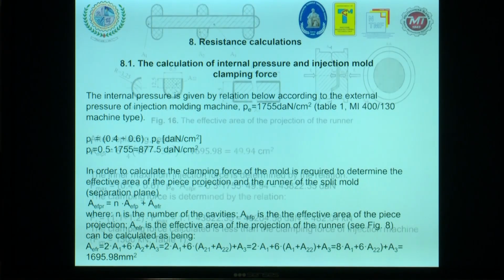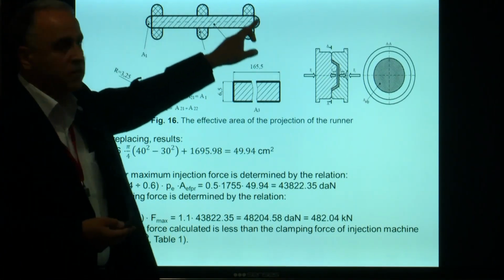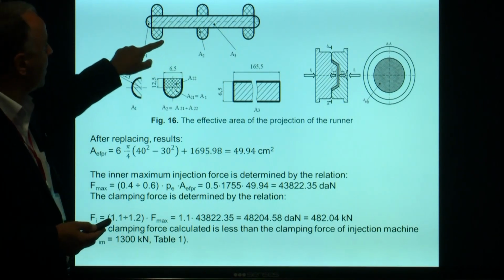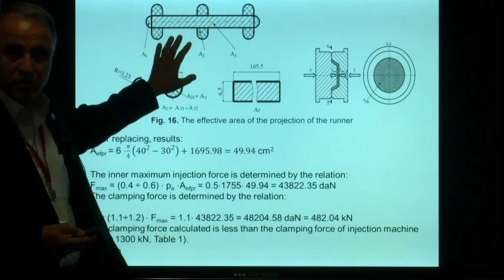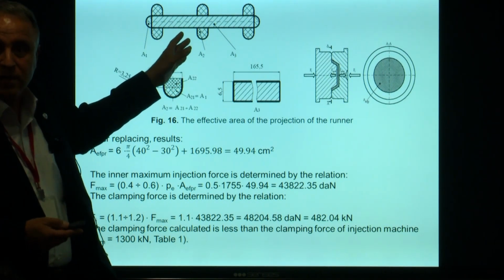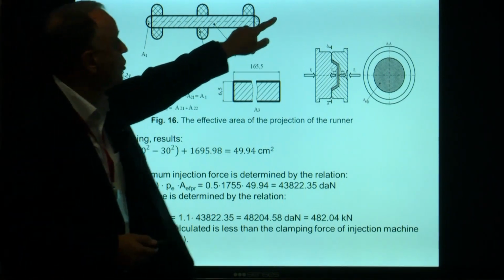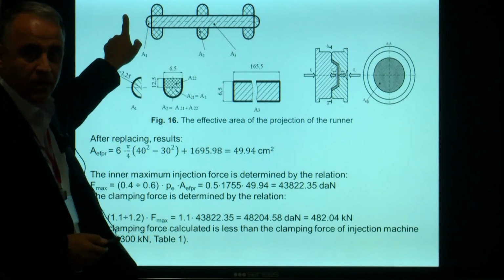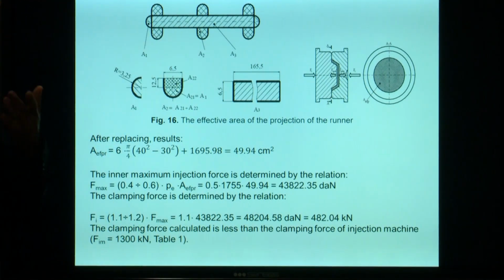The students sometimes find it difficult, but it's only geometrical calculus. You can see here, this is the runner. Did you remember? And here we have the cavities. I mean 6 cavities, but for other dimensions of the part, we can use 8 cavities. We split the runner into simple geometrical parts, circle, square, and so on.